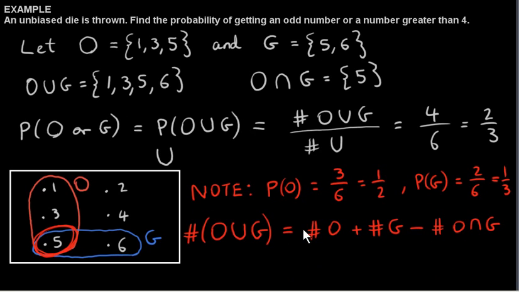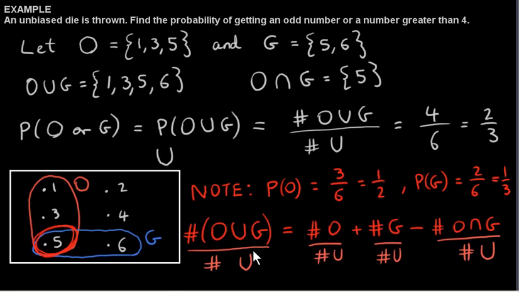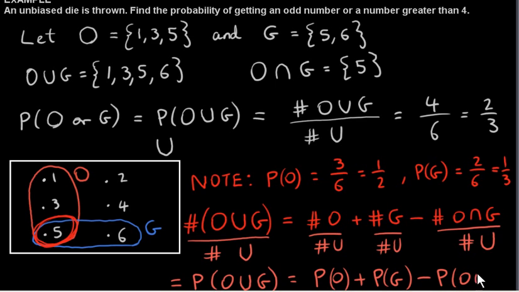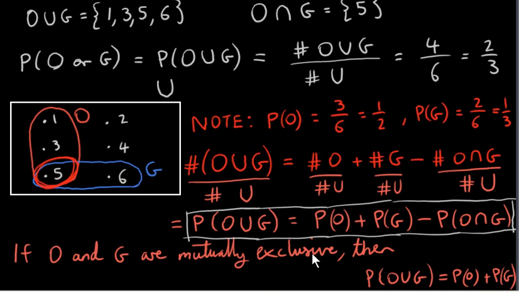Now let's divide this equation by the number of elements in U. We know from earlier that this term here is just the probability of the event O union with G. Here we have the probability of O. The next term is the probability of G. And the last term is the probability of O intersecting G. Of course, if O and G are mutually exclusive events, that means that the intersection of O and G is empty.